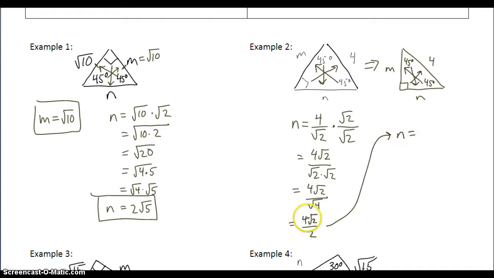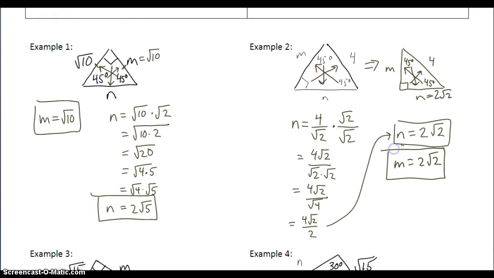At this point, I can take 4 divided by 2 and get 2 square roots of 2. So n is 2 square roots of 2 big. If n is 2 square roots of 2, that means m is going to also be 2 square roots of 2. Those two legs will be the same.